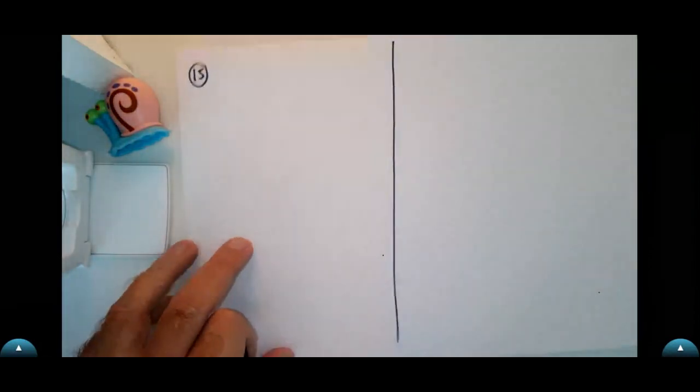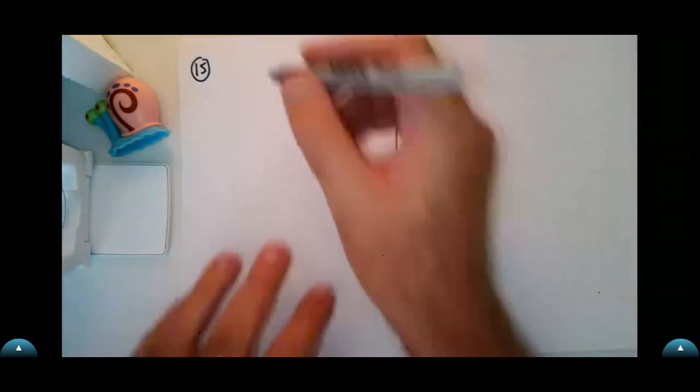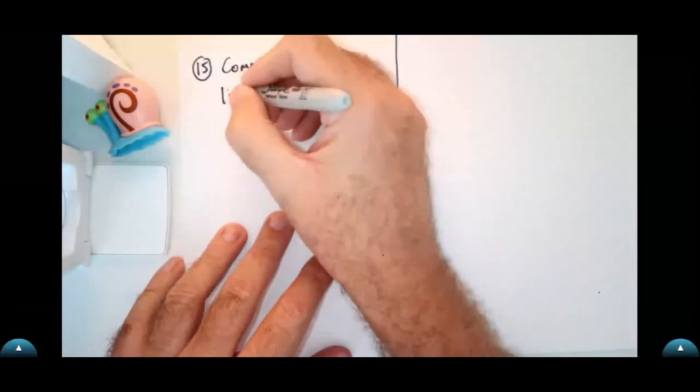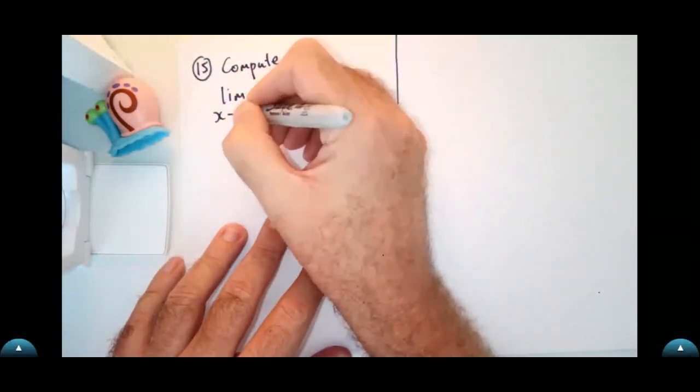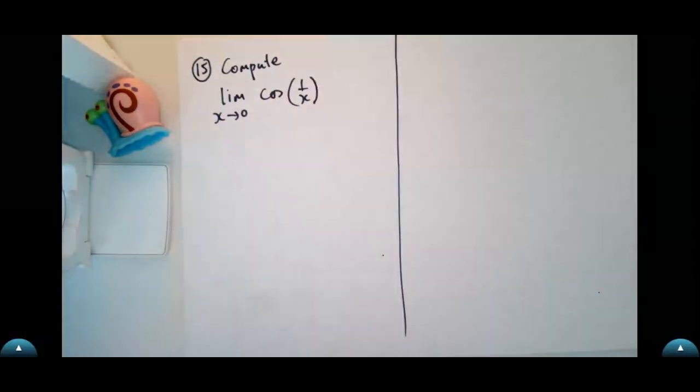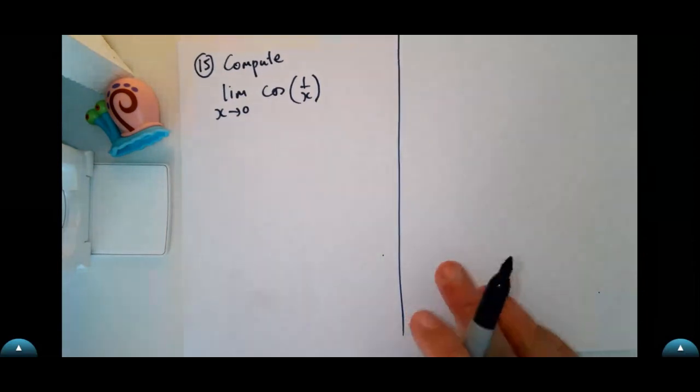but let's see if we can do it by hand, and let's see how we go. Okay, so let me share my document camera. Okay, so here is the question. This is number 15 now. Okay. The question is, compute the following limit of cosine 1 on x as x approaches 0.